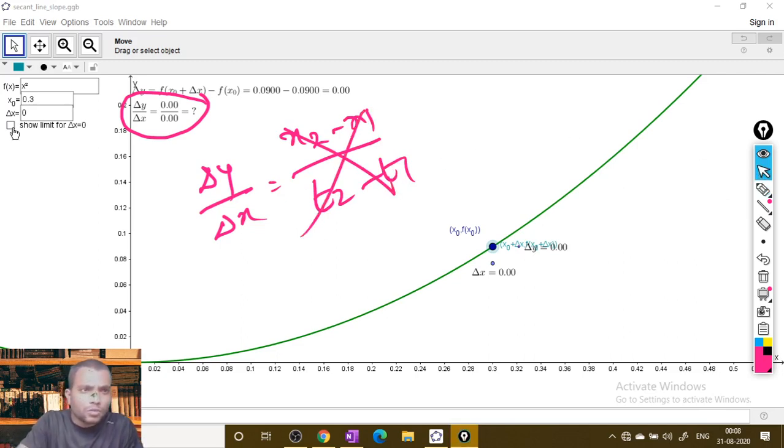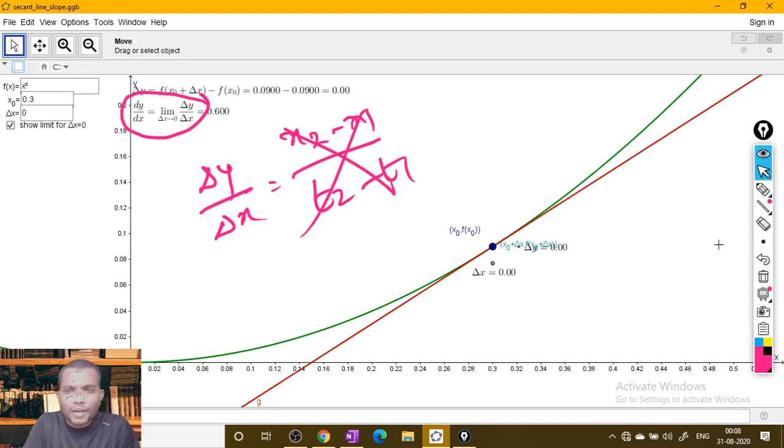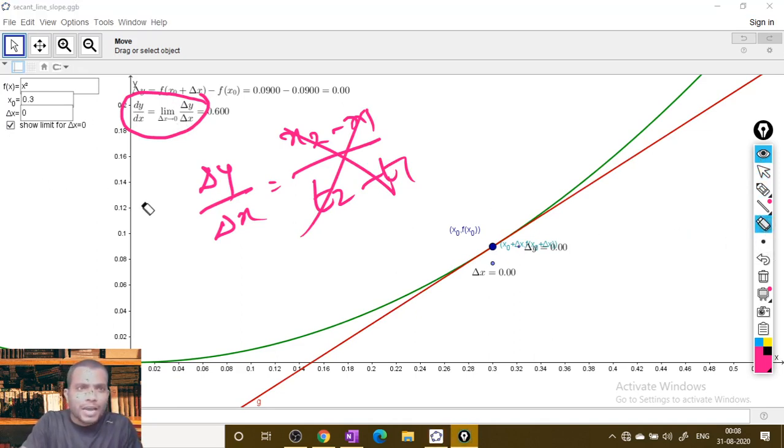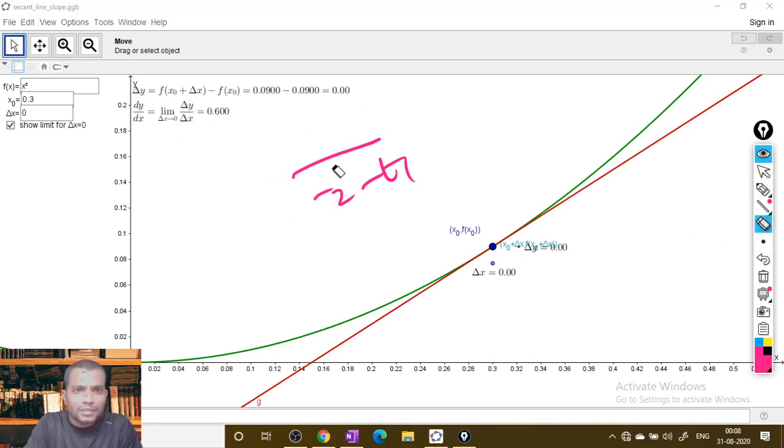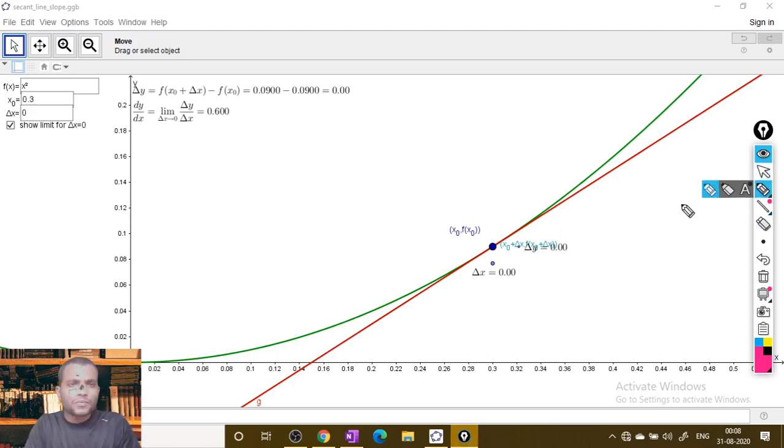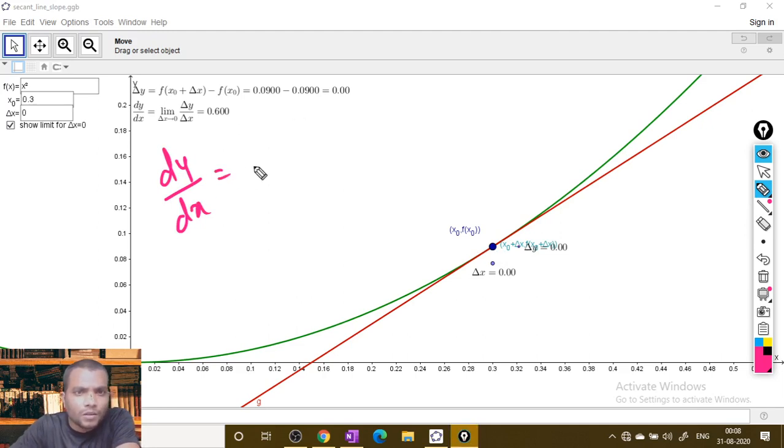So here we need to find it with different mathematics. That's known as limits, which particularly comes under differentiation. To calculate the slope at that location, we use dy upon dx, which is the limit as delta x tends to 0. So the difference in the x variable is 0.